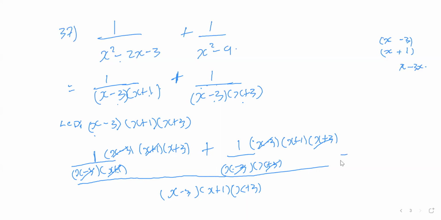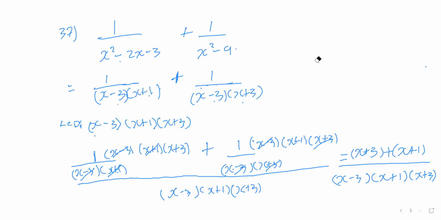So I am left with, from this term, only x plus 3, plus, from this term, only x plus 1, all of this divided by my common denominator down there, x minus 3 times x plus 1 times x plus 3. Okay, and that is then the simplified form. I can open up these brackets and add and subtract like terms.